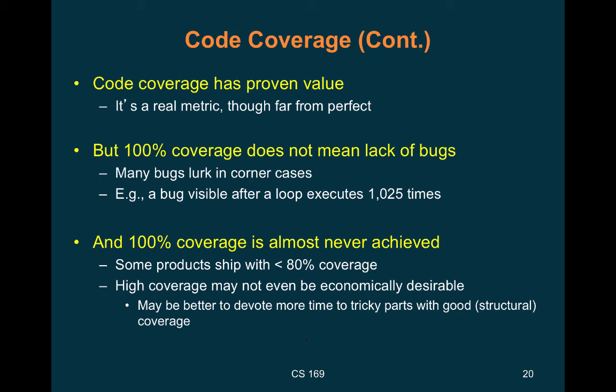At the same time, having 100% coverage doesn't mean that you've covered it all. There's a lot more about code than can be captured in a simple metric that counts statements, because you can have fairly small code that has very complex behavior. For example, you could have a bug that only kicks in when a loop has executed 1,025 times, and up to 1,024, it works perfectly fine.